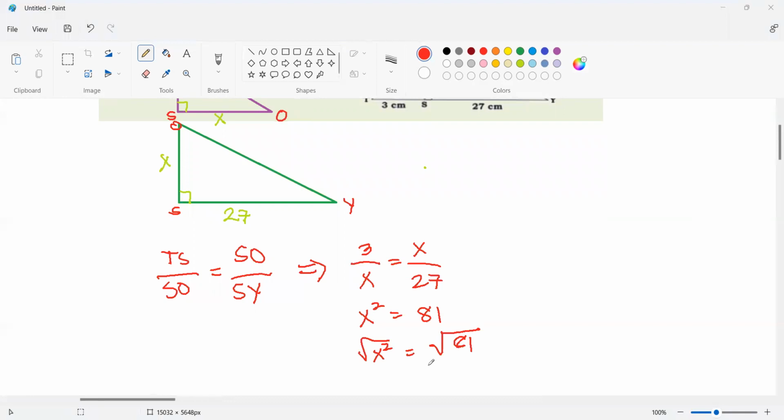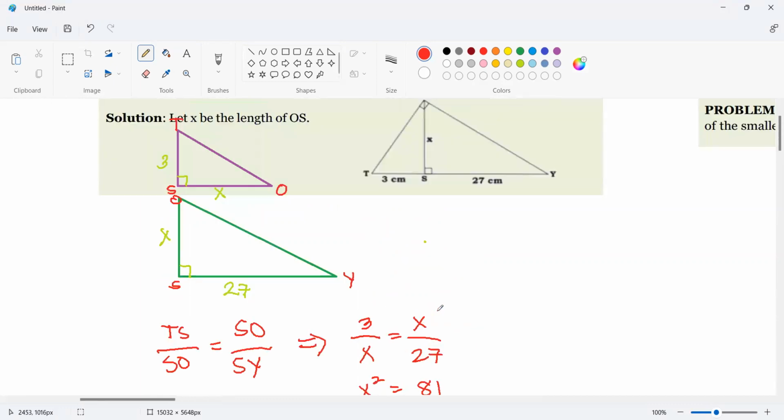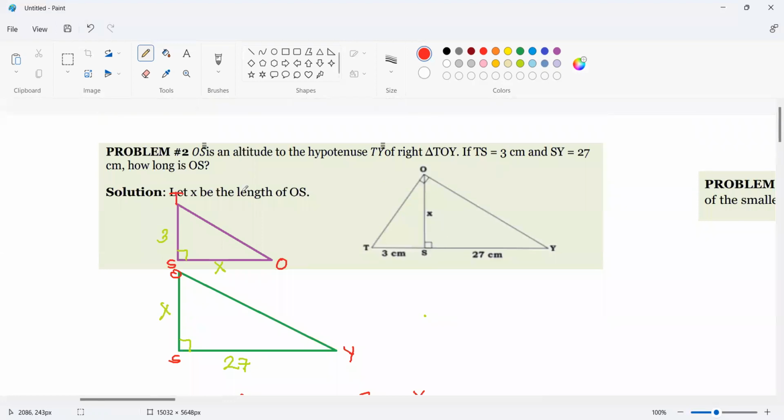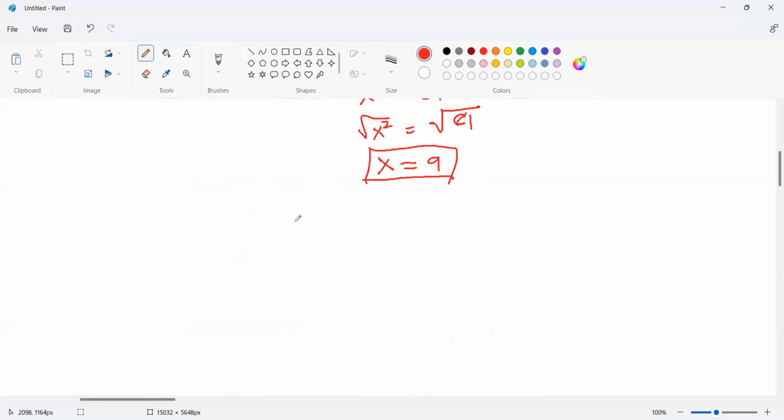X is equal to plus or minus 9, but we usually use the positive one. And then OS is equal to 9 centimeters. That's it, we're done. So we write it: OS equals 9 centimeters.